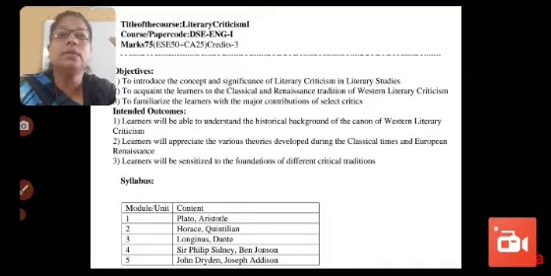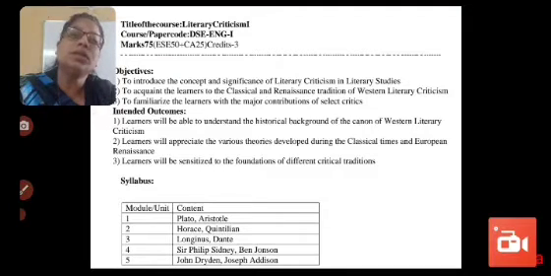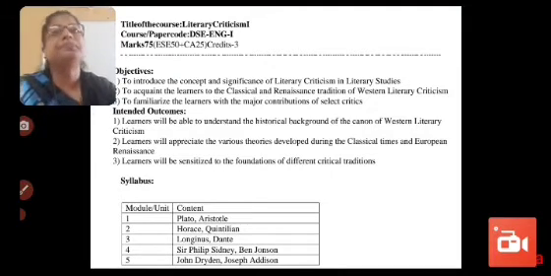That is considered as the best, and in that sense it is known as the classical. So this paper is specially designed to acquaint the learners to the classical Western literary criticism.